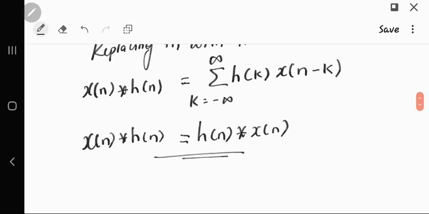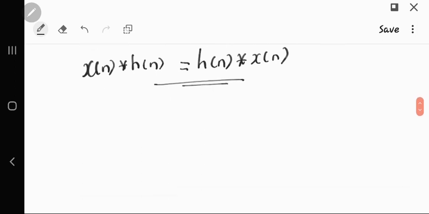Okay. So, let us take the next one, that is the associative property.